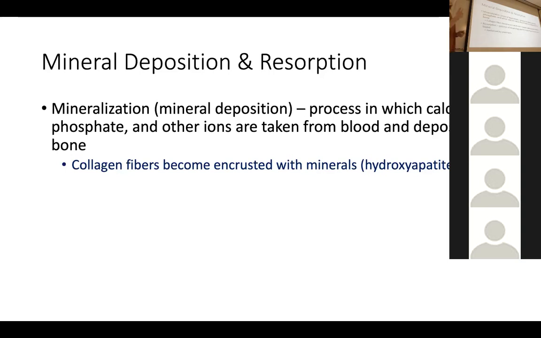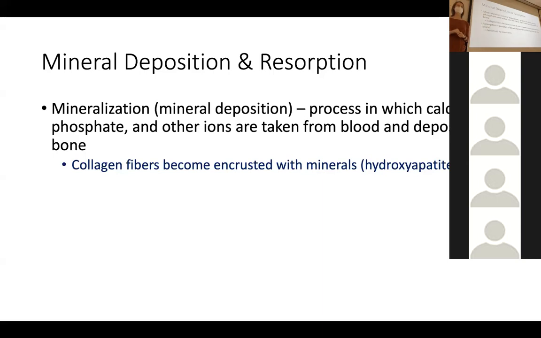Resorption is the opposite, where bone is dissolved. That is going to release minerals into the blood. This is the cell type that is responsible for that, the osteoclasts, clasts with a C. Those are the bone dissolving cells.